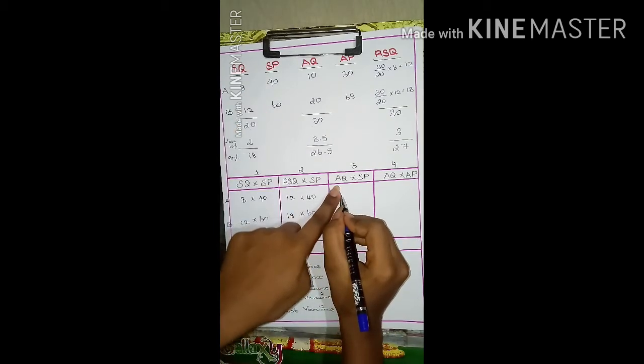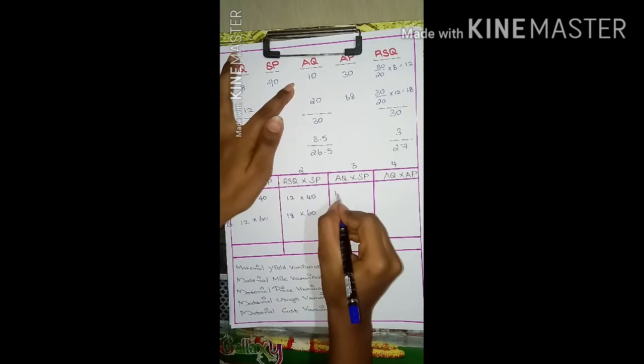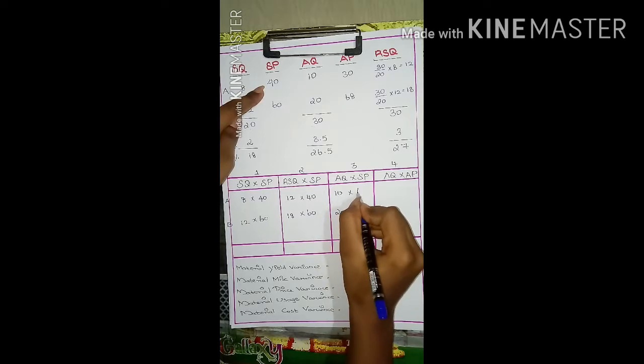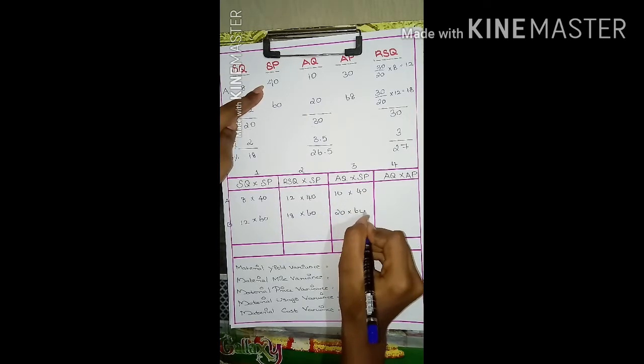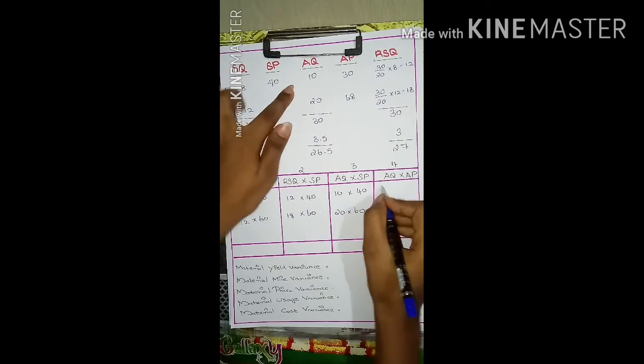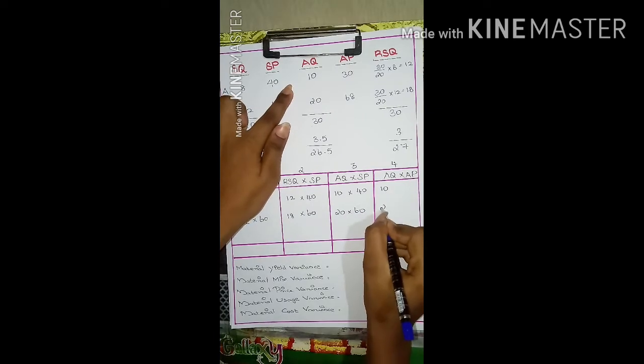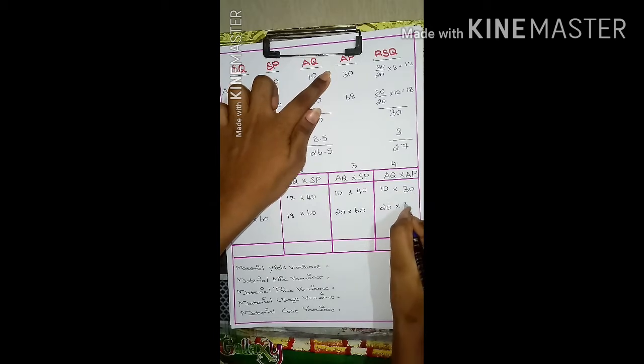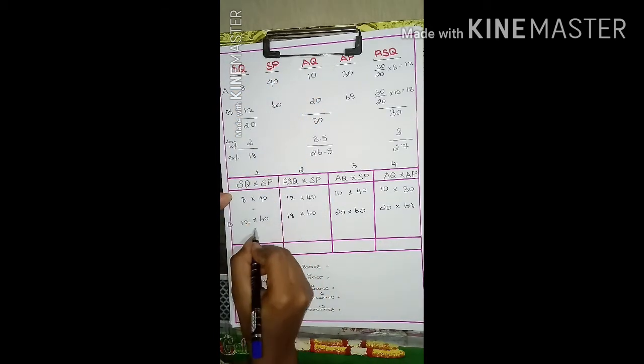And now AQ is 10 for A and 20 for B, into standard price 40 and 60. Then actual quantity of A is 10 and 20, actual price is 30 and 68.